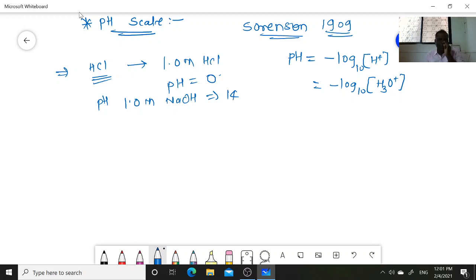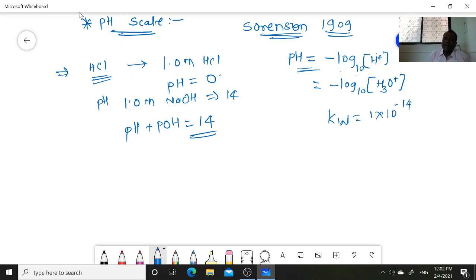Why? We know that pH is equal to negative log of this. Sorensen described that pH is equal to negative log to the base 10 of the concentration of H plus ion. Another term we know is that pH plus pOH is equal to 14. That is Kw of water, which we have calculated as 1 into 10 raised to minus 14 moles per liter.